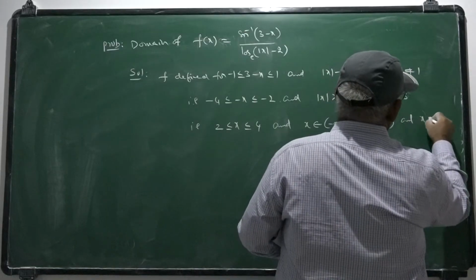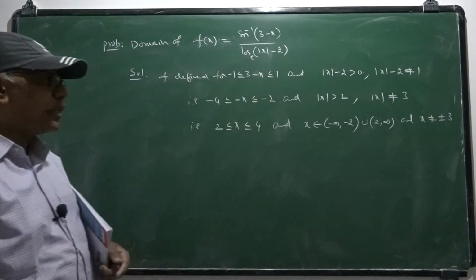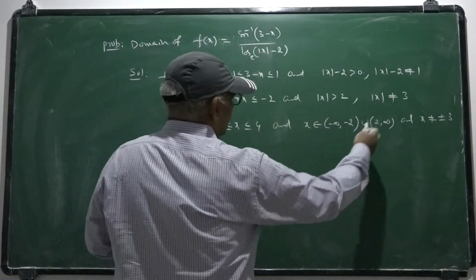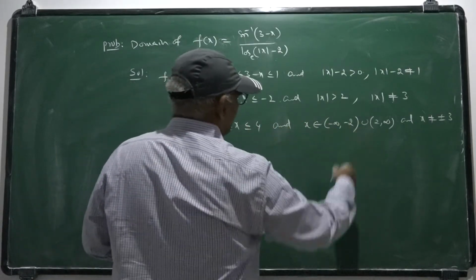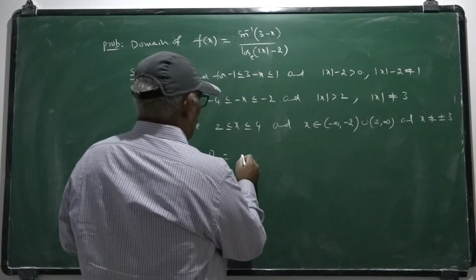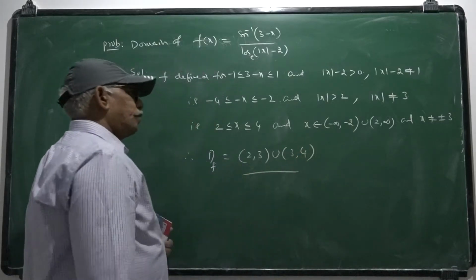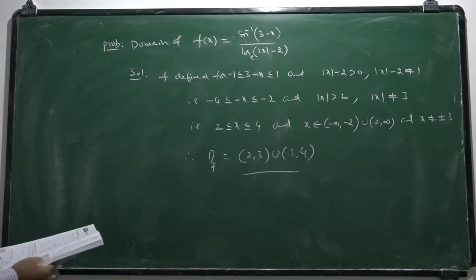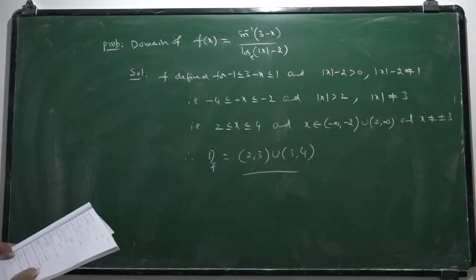And x is not equal to plus or minus 3, because mod x not equal to 3. The domain of f is the intersection of all these. The intersection gives us 2 to 4 except 3, that is 2 to 3 union 3 to 4.